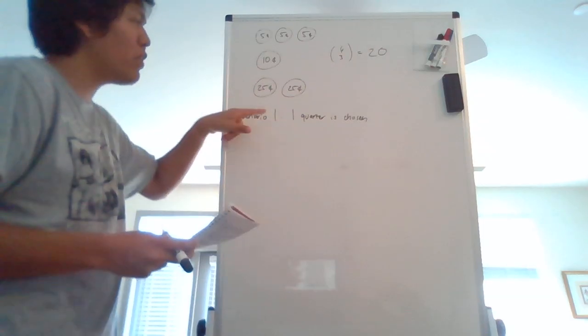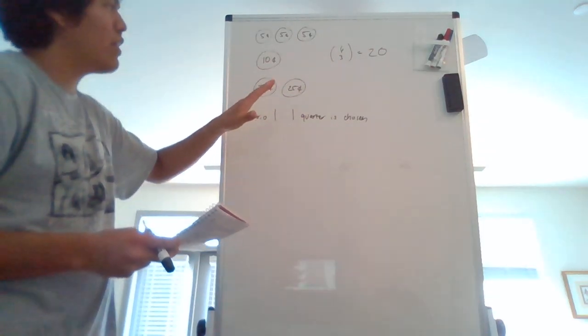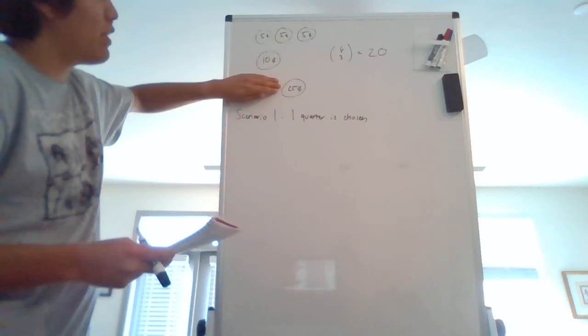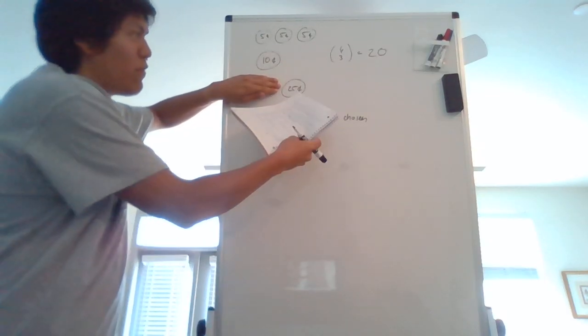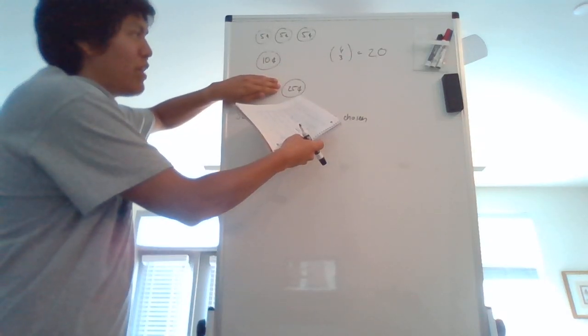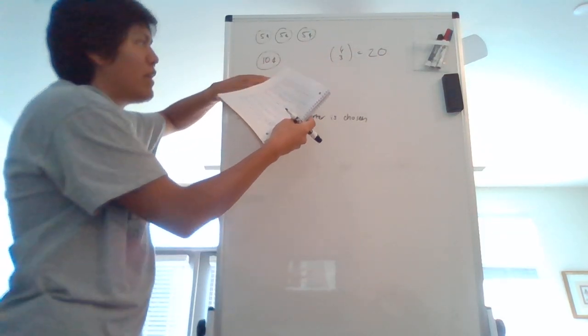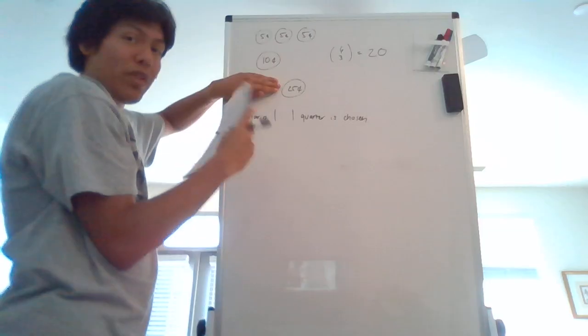Okay, so if we only took out 1 quarter, let's pretend that one of the quarters isn't there. Then we have 4 other coins to choose from, right? Because in this case, we're only taking out 1.